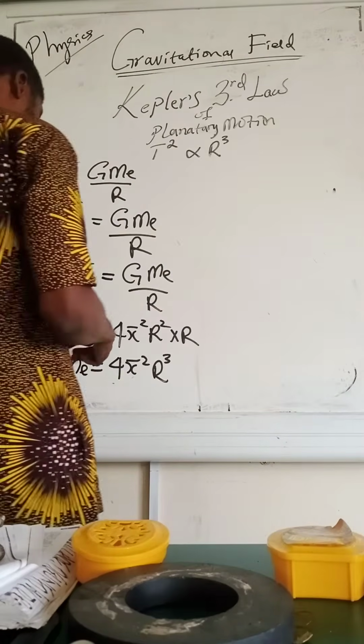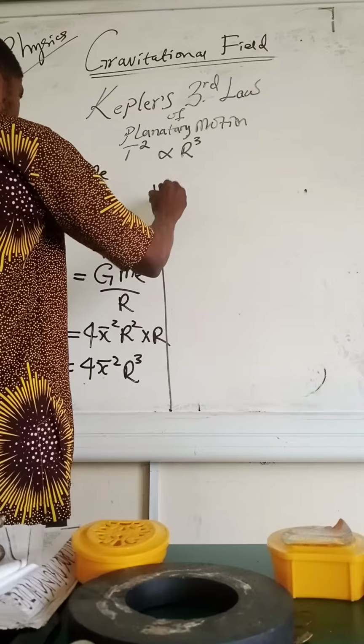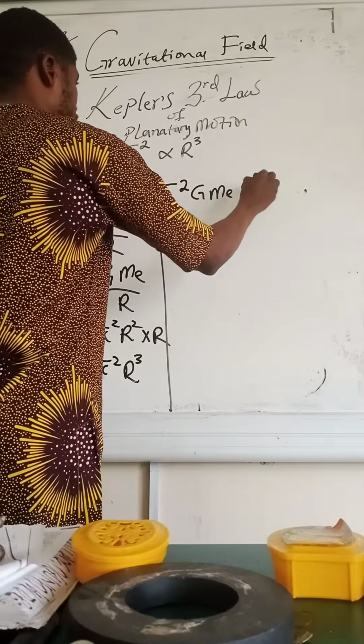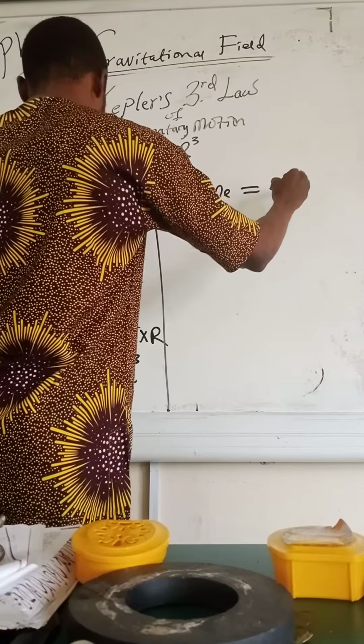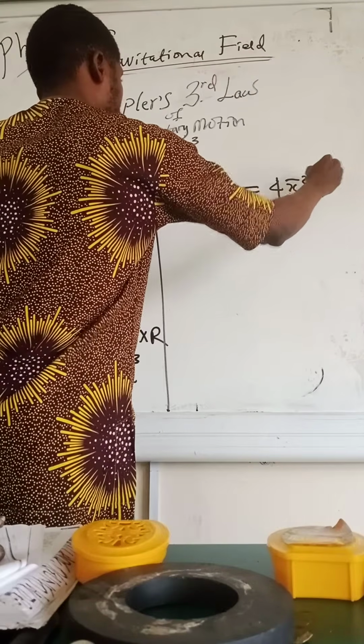If we do that, we are going to have something like this. T squared G M E is equal to 4 pi squared r cubed.